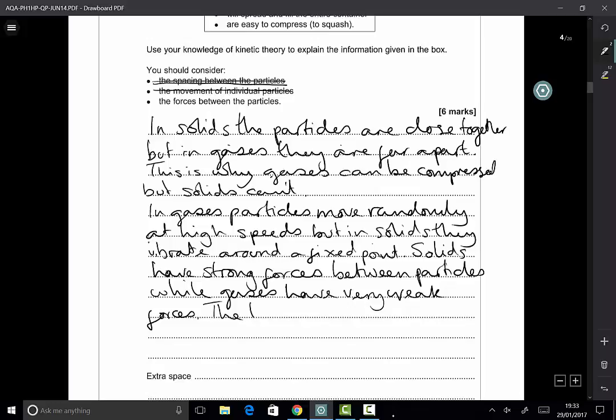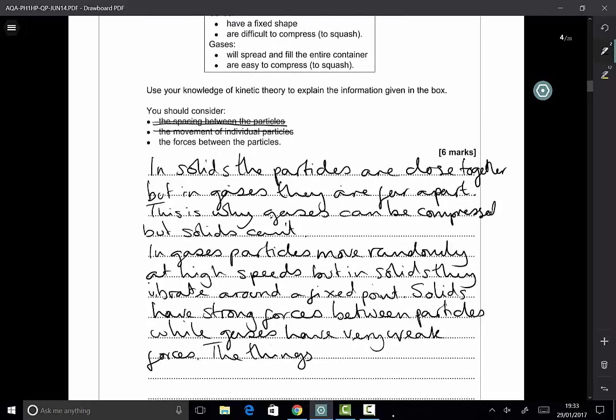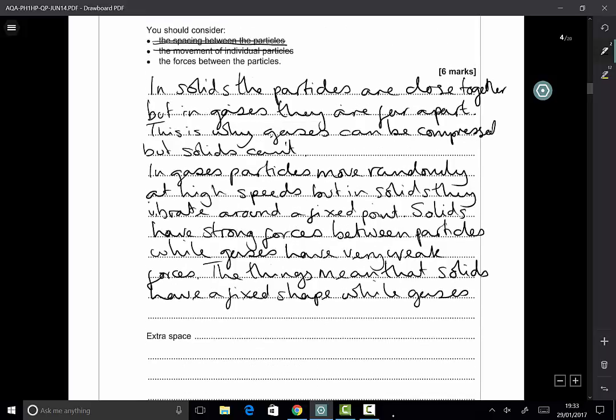These things, so I'm relating it back to what's in the box, mean that solids have a fixed shape, while gases spread.